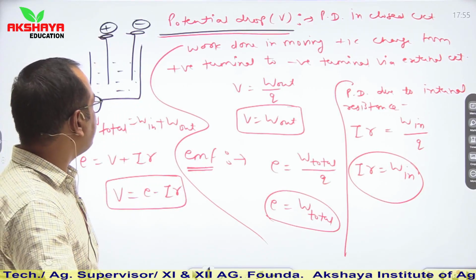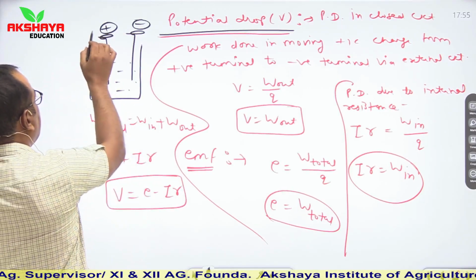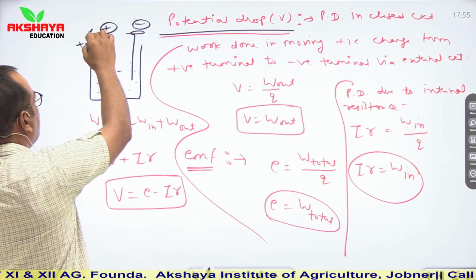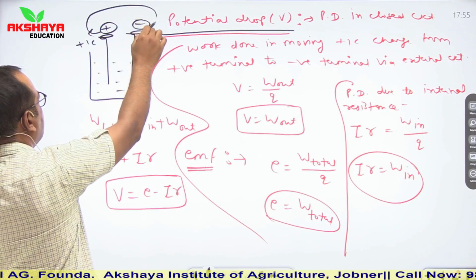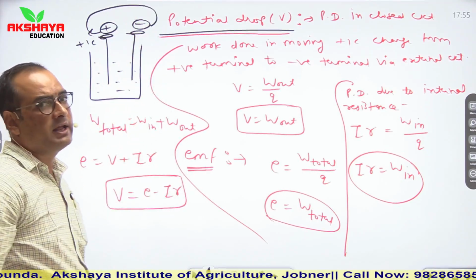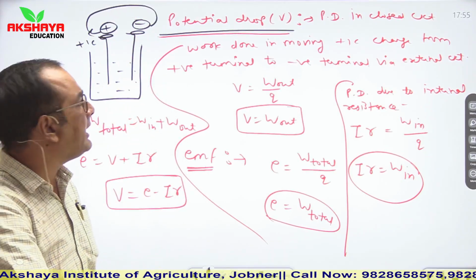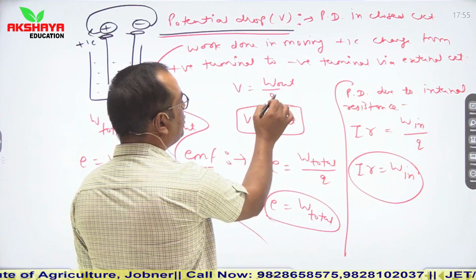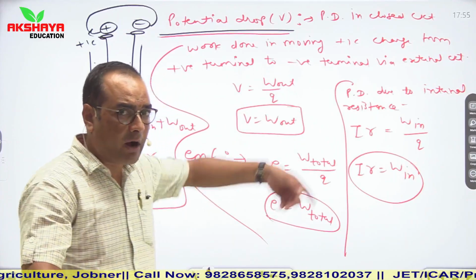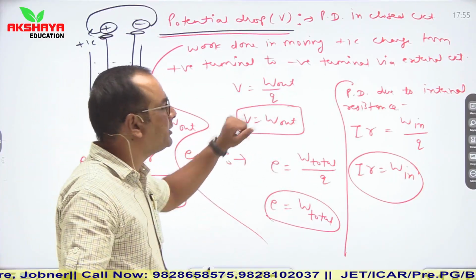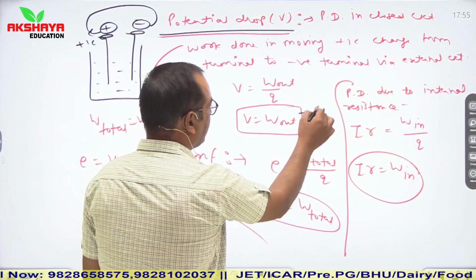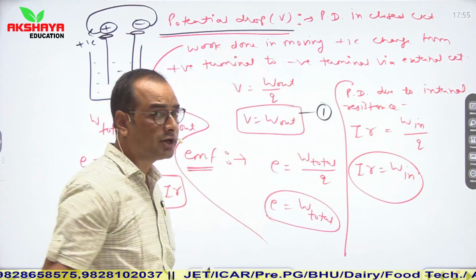If any unit positive charge is traveling from the positive to the negative terminal via the external circuit, then the work done is known as potential drop. So we can say that V is equal to W out upon Q, the work done in the outer circuit in moving a unit positive charge. This is the one relation in case of potential drop.